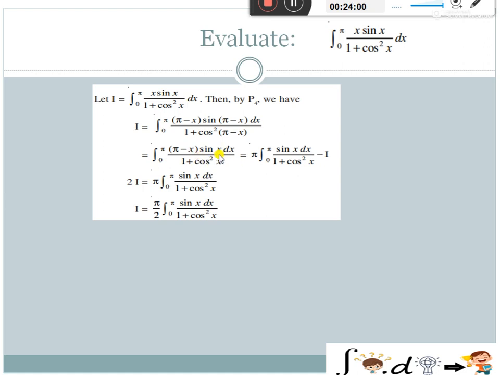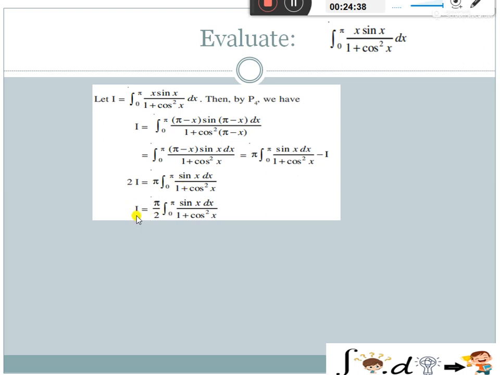And this x sin x upon 1 plus cos square x is the integrand I, and therefore we write pi into 0 to pi sin x dx upon 1 plus cos square x minus I. Taking this minus I to the left hand side, we get 2I, and this 2I is equal to pi into 0 to pi sin x dx upon 1 plus cos square x. x is removed here. To remove this x we added both using this property.